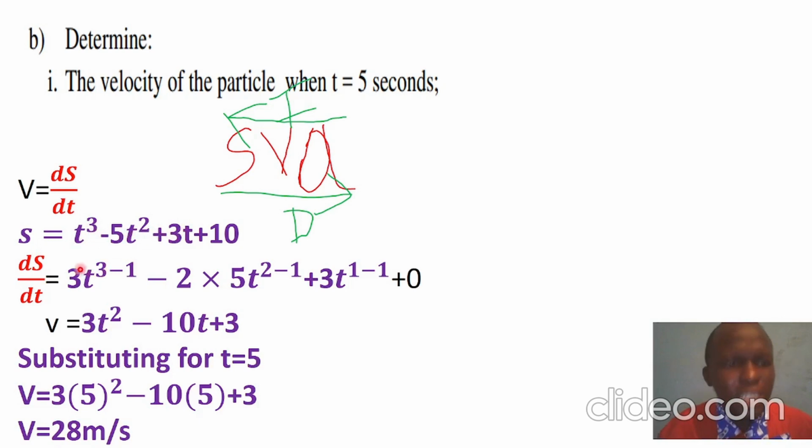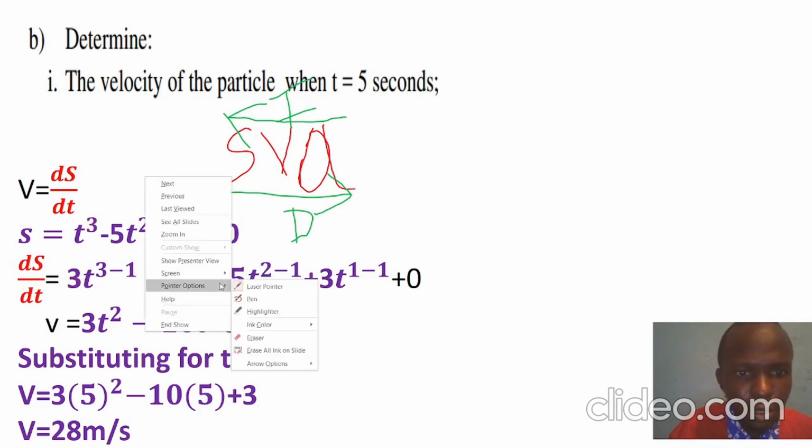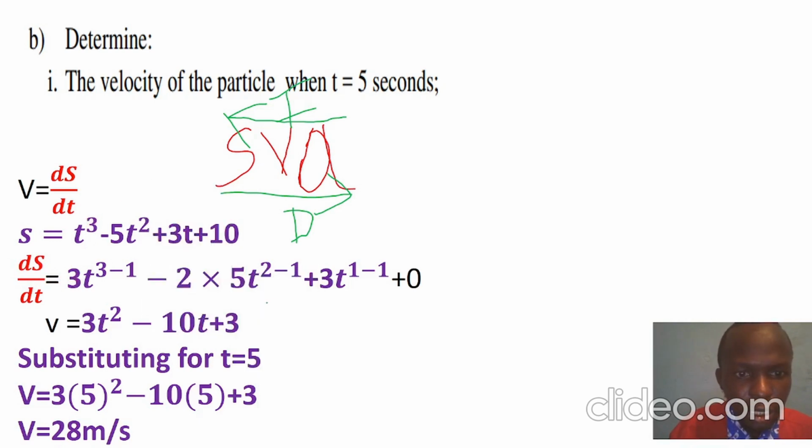How do we get the derivative? As normal, you drop the 3 here, subtract 1.